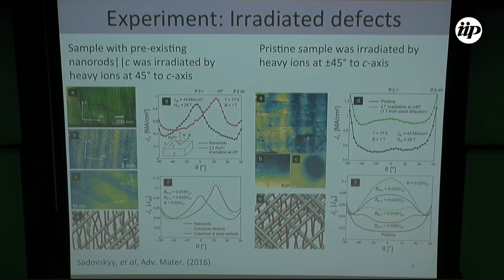In the second part of this experiment, the pristine sample was irradiated at plus and minus 45 degrees, so two sets of tracks. And we can also reproduce more or less correctly the angular dependence in this case.